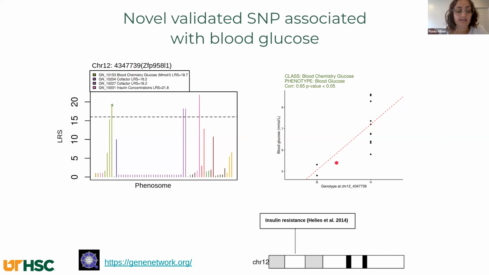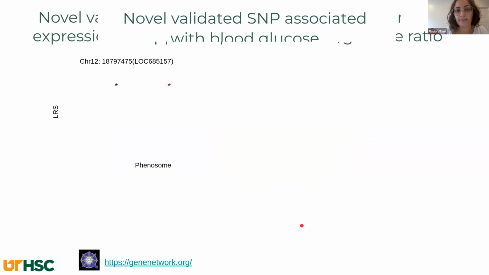And here you can see that rats carrying the H allele have a significantly higher blood glucose concentration. And we find that there is also another variant located near our discovery that is already mapped and is related with insulin resistance in 200 other different rats.